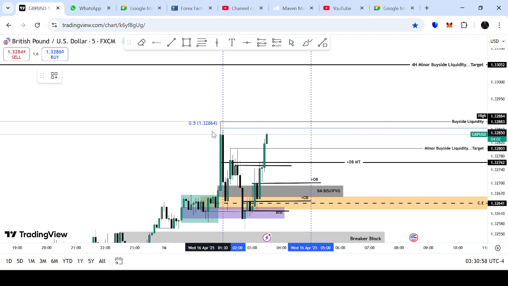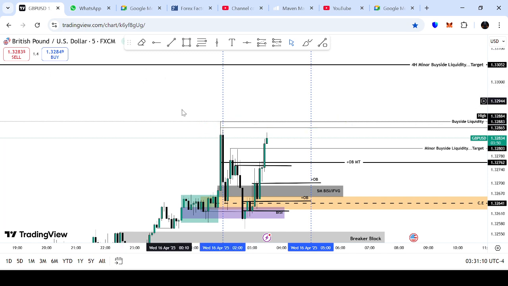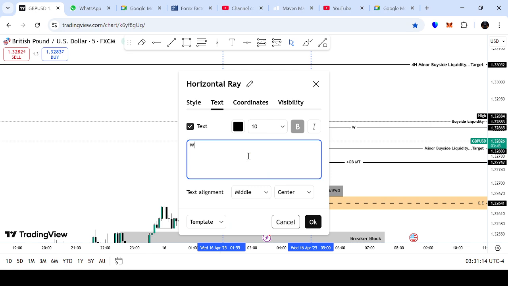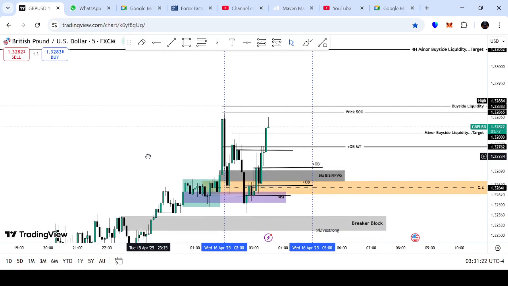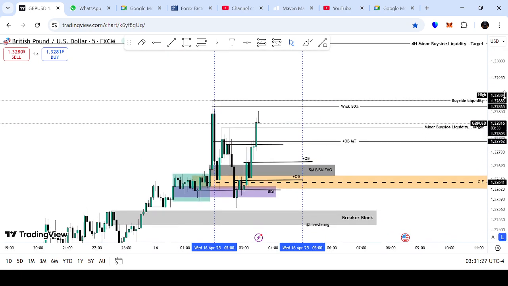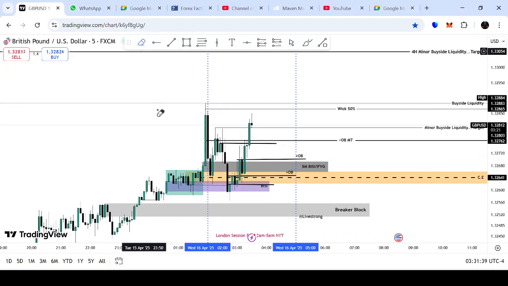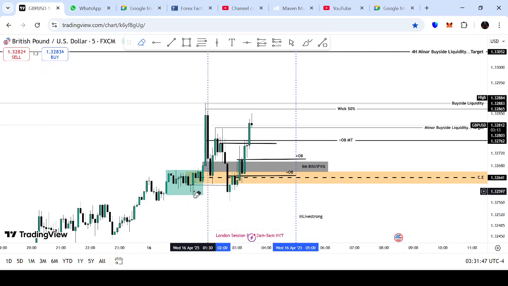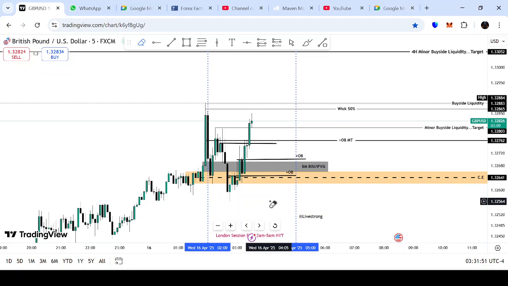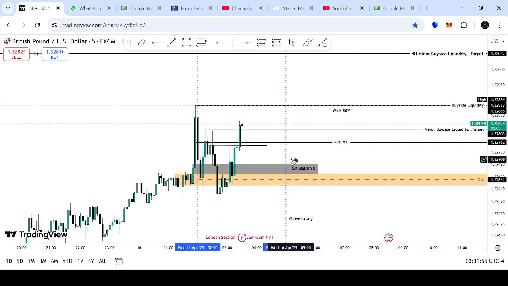That's the wick of the order block, they are resting above the 50% of it. They've served their purpose already.